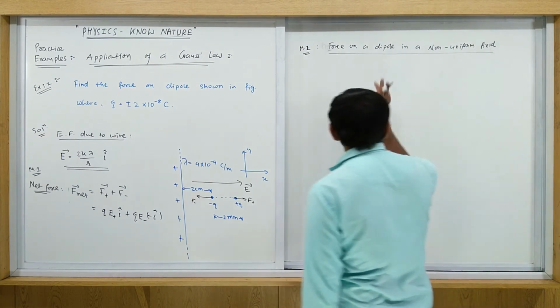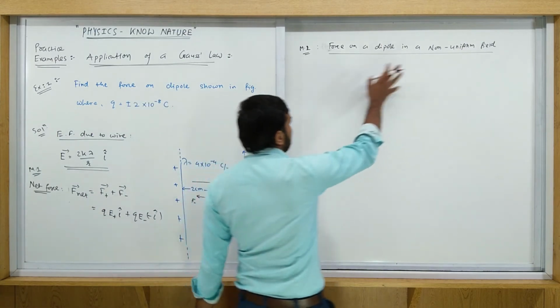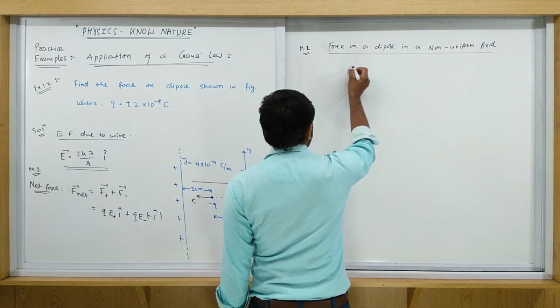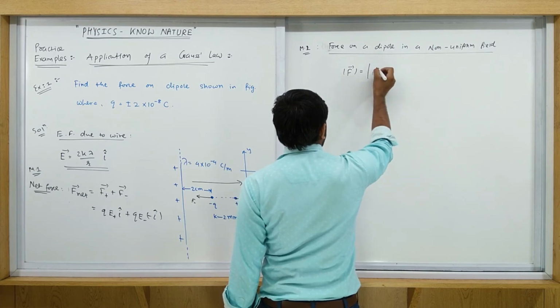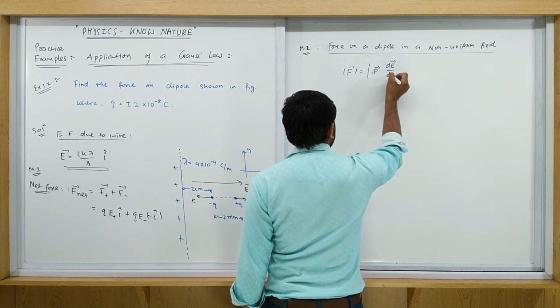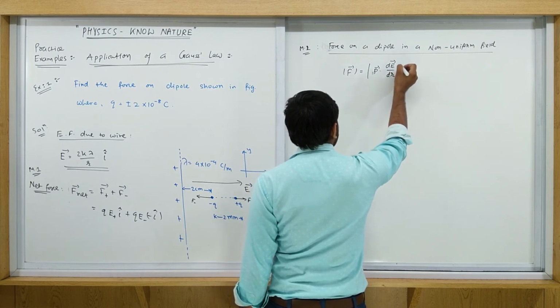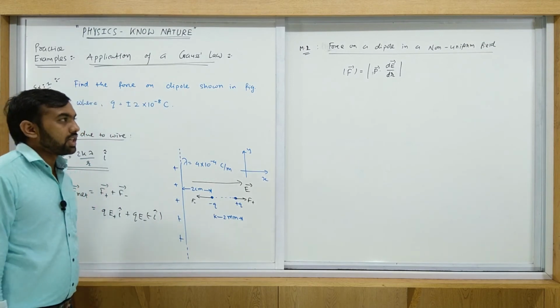You just revise this concept we discussed in the previous sessions. Force on a dipole in a non-uniform field. So mod F is equal to mod P dot dE by dr.